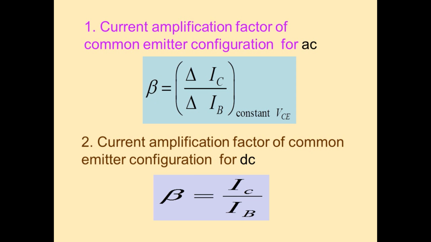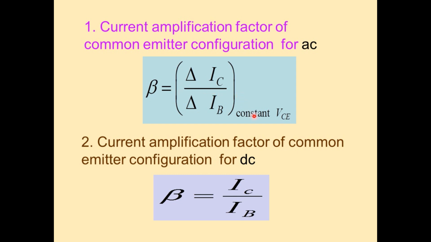In CE mode, the current amplification factor is defined as the ratio of change in collector current, that means output current, to the change in base current at a constant voltage across collector and emitter.